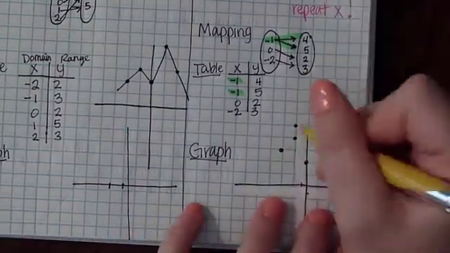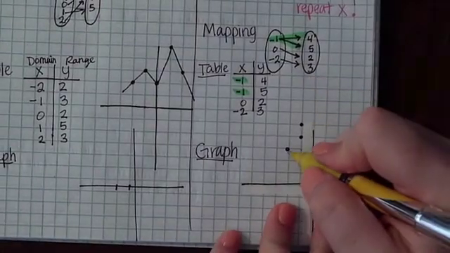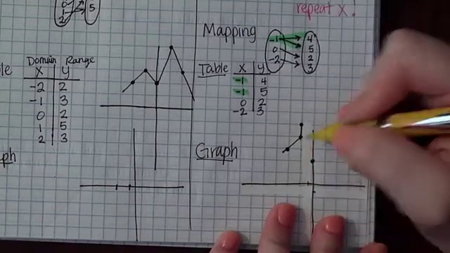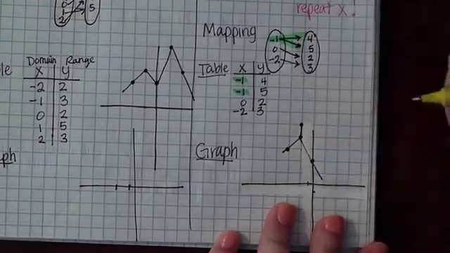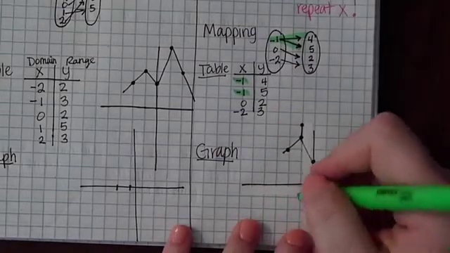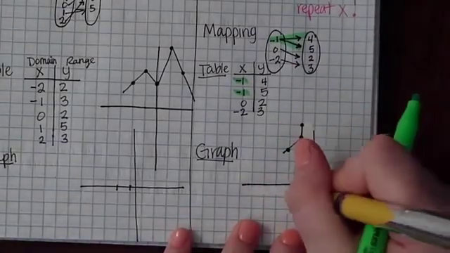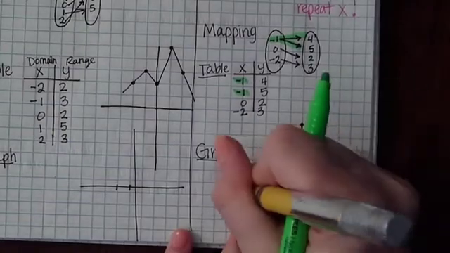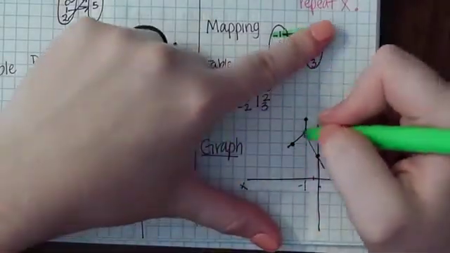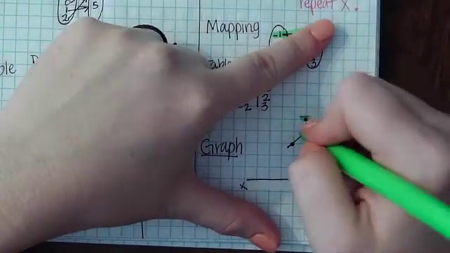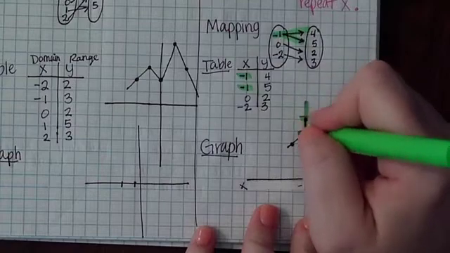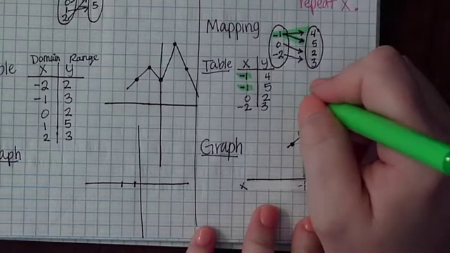Okay, so if I tried to connect those, it would feel weird because I would have to go like this, and then straight up, and then straight back down, and then over. So the repeated x value, so notice this negative 1 right here is on the x-axis, so you cannot have a repeated x value there.